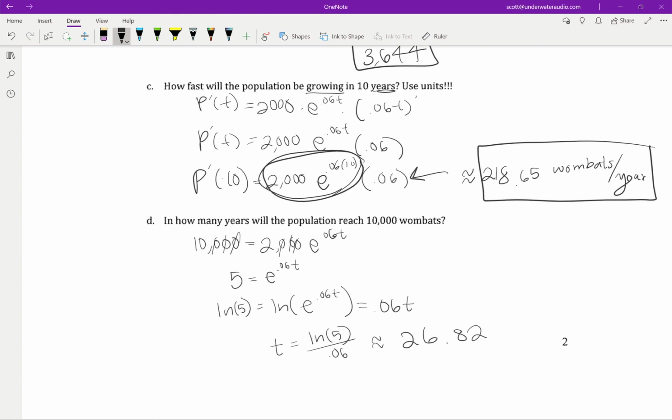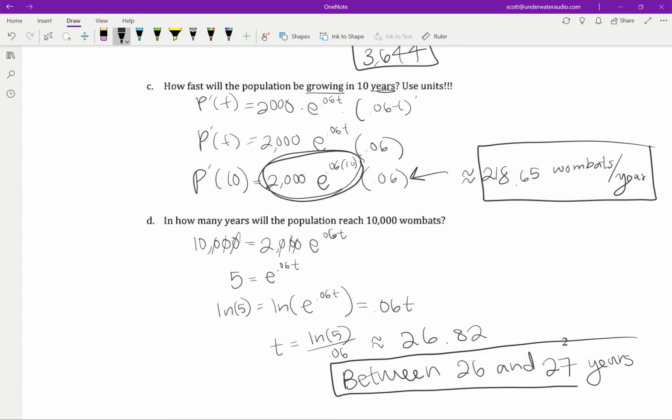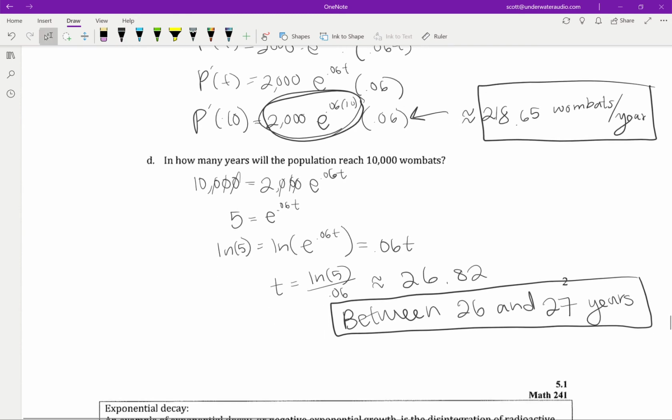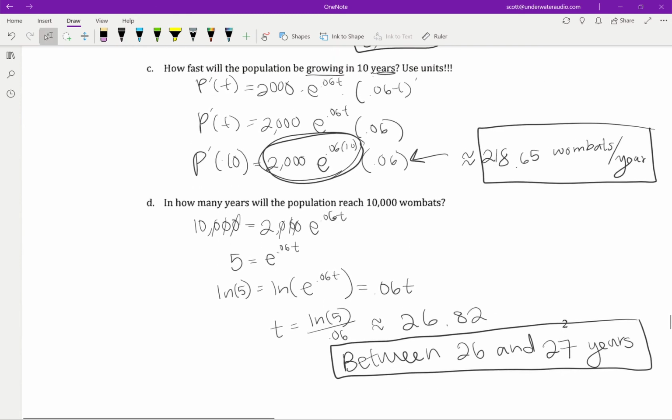In 26 years, exactly at 26 years, it won't have reached 10,000 wombats. So in words, it might be worth saying between 26 and 27 years. I would also accept saying approximately 26.82 years later. Either would be fine by me. Okay, let's pause here.